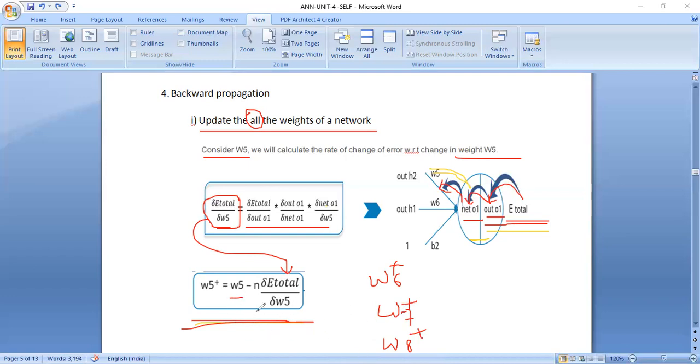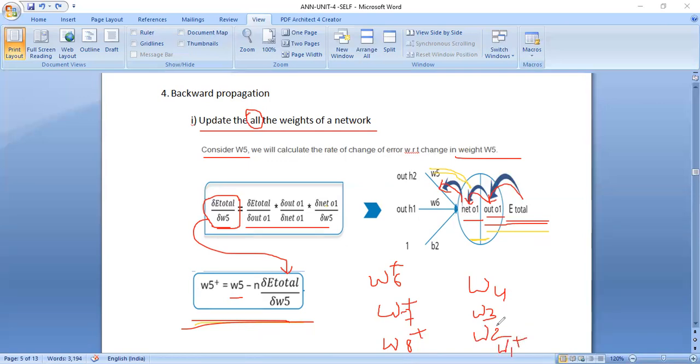Next, we are going to change the weights from the hidden layer to the input layer, W4, W3, W2 and W1 values also.